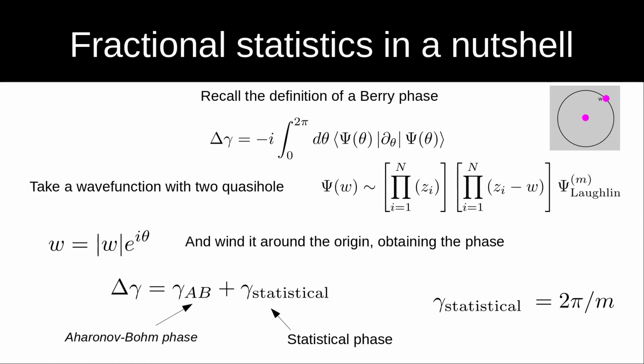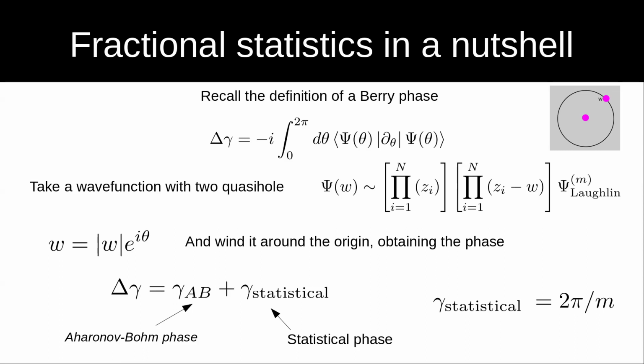Now let us see that these quasi-excitations actually have very interesting statistics. So now the idea is that instead of just considering that we move one quasi-hole around the origin, we are going to take a many-body wave function that has one quasi-hole in the origin and one quasi-hole at a certain location W. And what we are going to do is move one of the quasi-holes around the other quasi-hole.